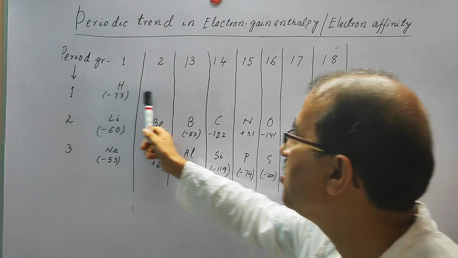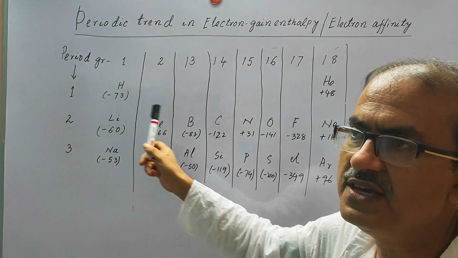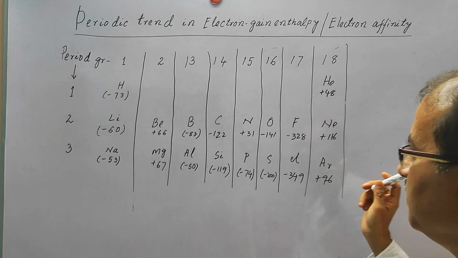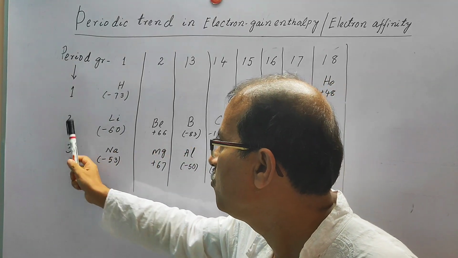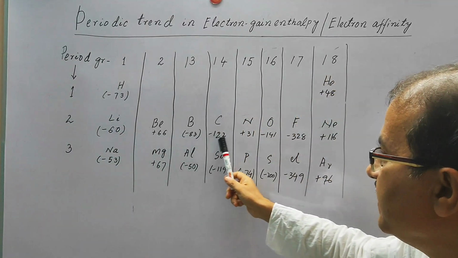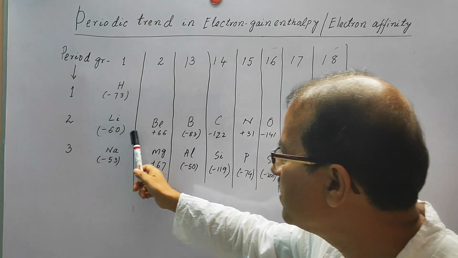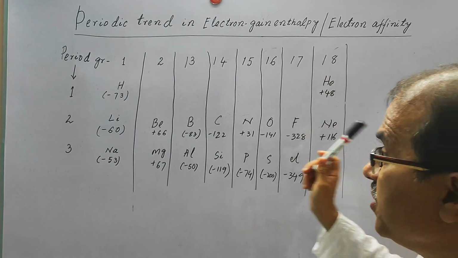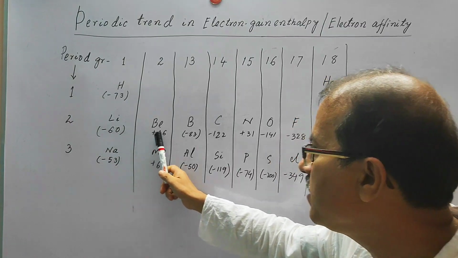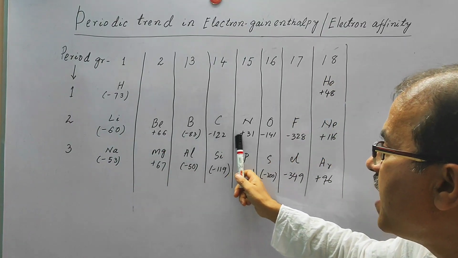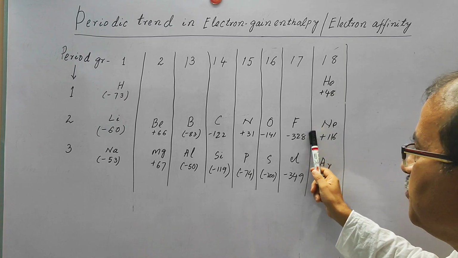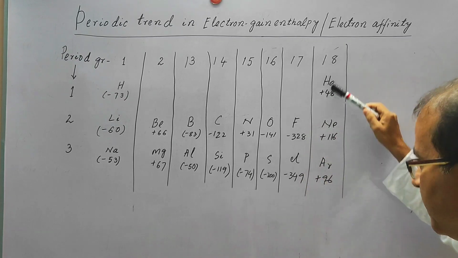So in period number 1 you can see an increase in the electron gain enthalpy. In period number 2, as we go across the period, you can see the electron gain enthalpy becoming more and more negative, up to fluorine.